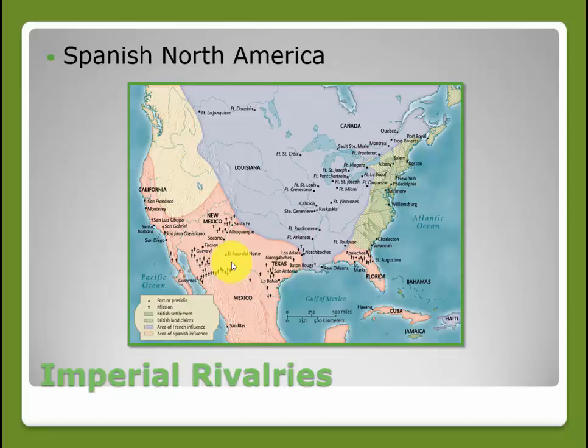The Spanish Empire stretched from the Pacific coast to New Mexico and the Great Plains, Texas and Florida, and after 1763 included Louisiana. But its presence consisted of only a few small outposts.